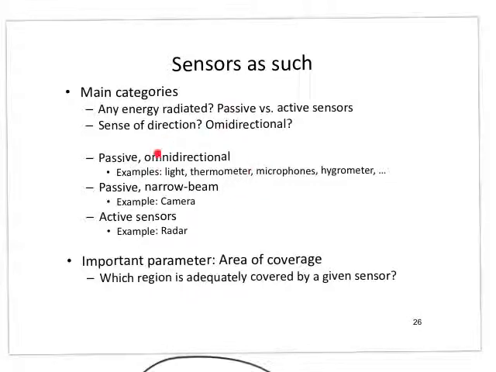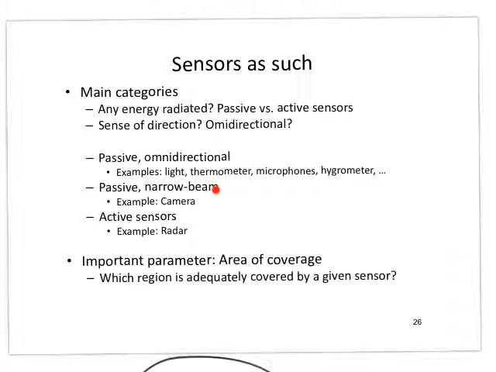An important parameter, especially for directive sensors, is the area of coverage, and even for omnidirectional as well, because if you measure temperature 5 or 10 meters far, then you're not measuring the temperature of that particular location. You're measuring the temperature of a location which is 5 meters apart from that, right?